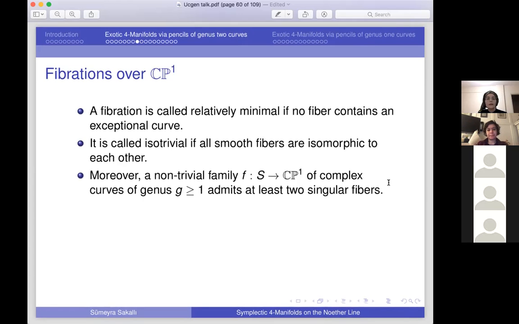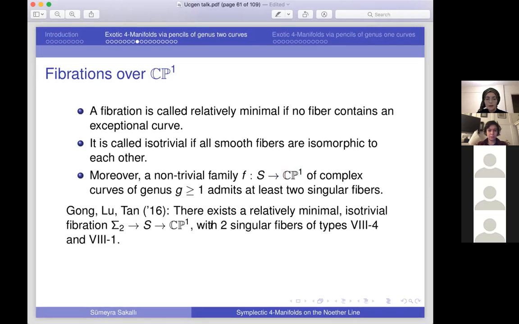And moreover, if you have such a vibration over two spheres, in the complex setting, a vibration of complex curves, and the genus of your fibers is at least 1, then it is known that such a vibration admits at least 2 singular fibers. So when you consider the global picture, you have to have at least 2 singular fibers.